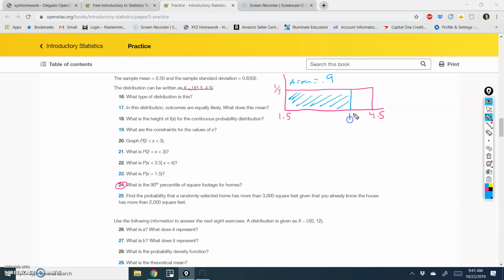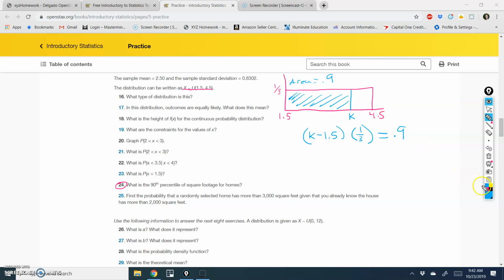Whenever we're trying to figure out what spot we need to find, we give it a variable, so we'll call it k. What does k need to be so that the area is equal to 0.9? Area is equal to base times height. The base here would be k minus 1.5, times the height, which is 1/3. That's the area, and we know the area needs to equal 0.9.